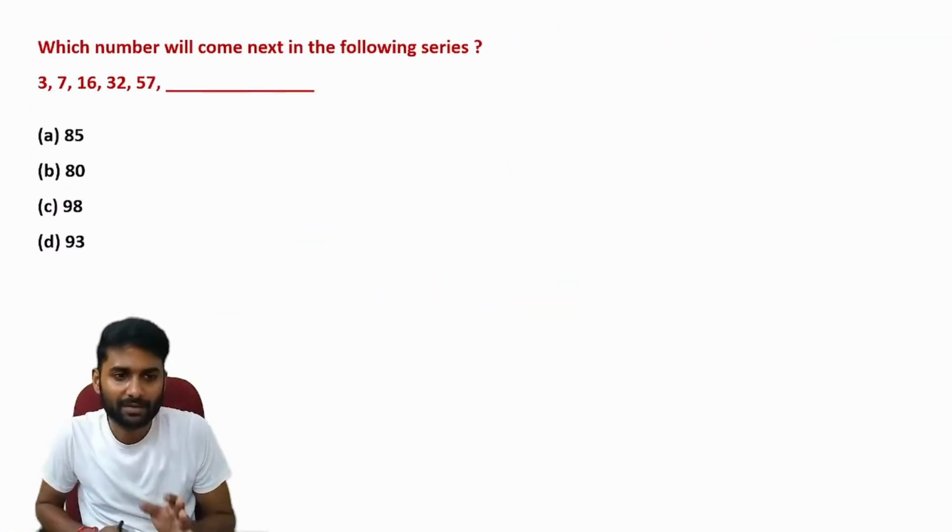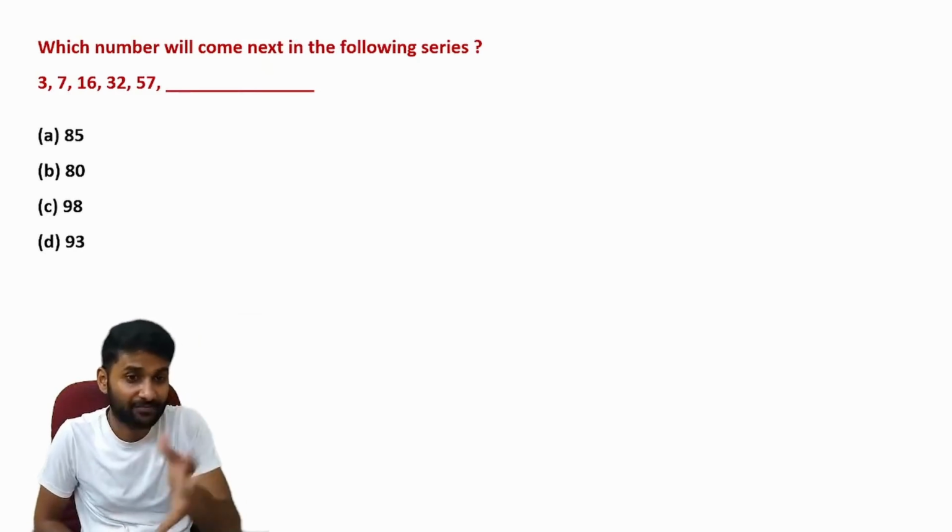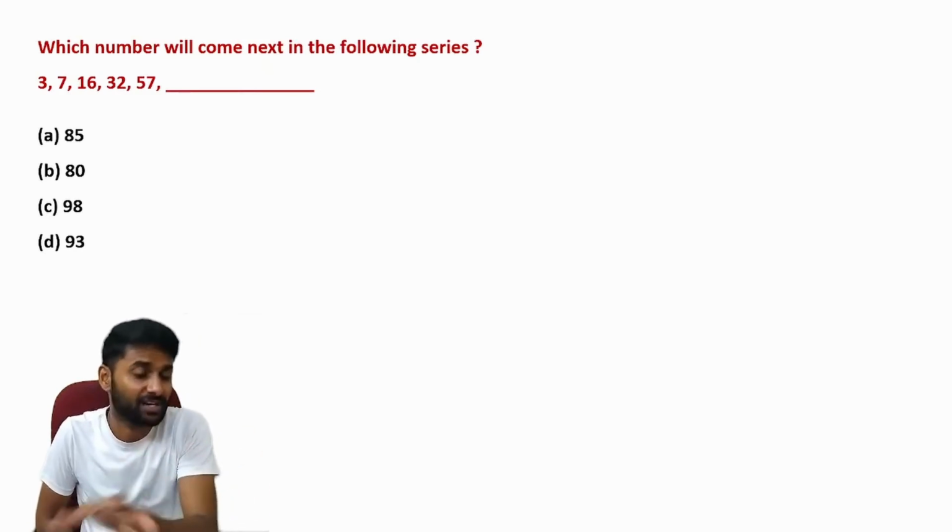See which number you can see after 57. Find the missing number, meaning find the number which continues that series.